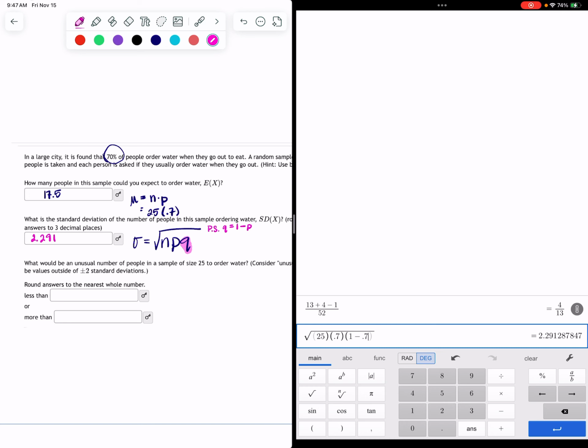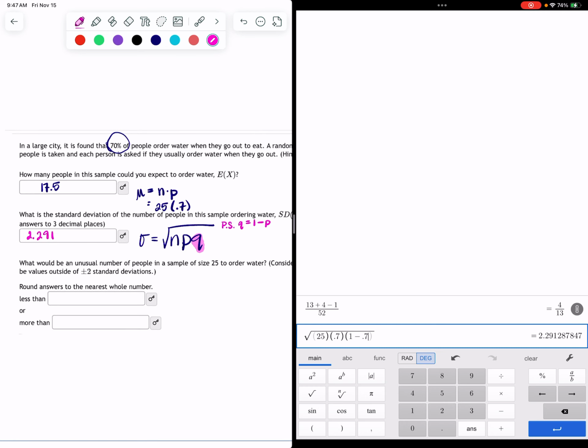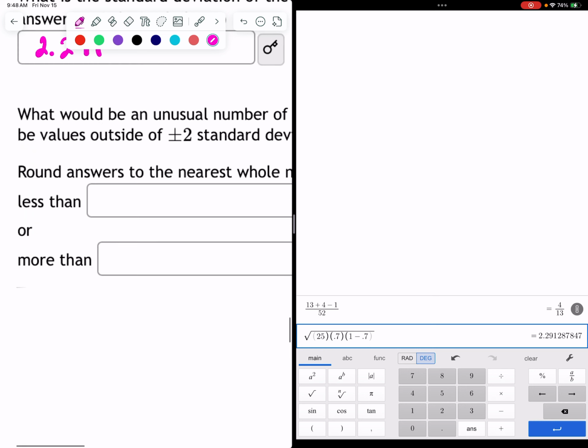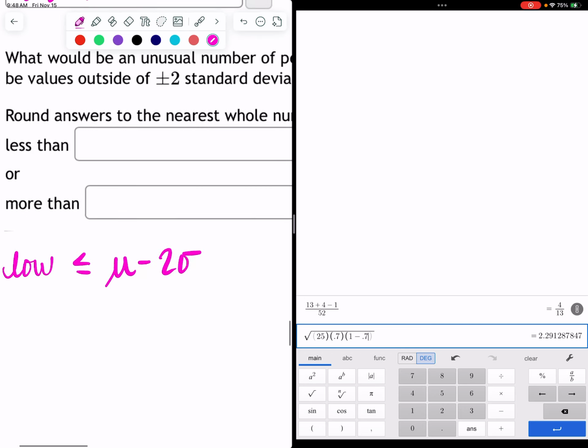Now, we want to know what an unusual number of people would be to order water. Well, on your formula chart, we have the range rule of thumb to find unusual values. It says values that are low are less than or equal to mu minus 2 standard deviations.